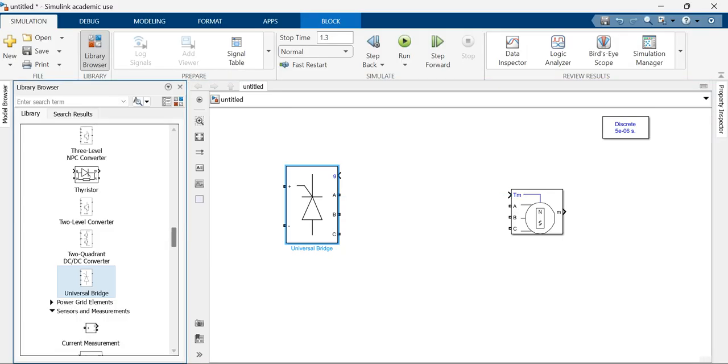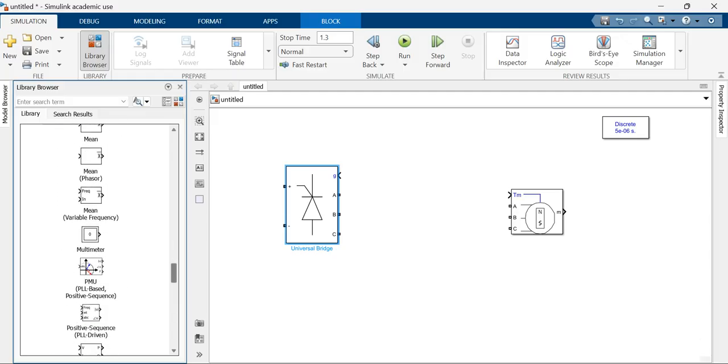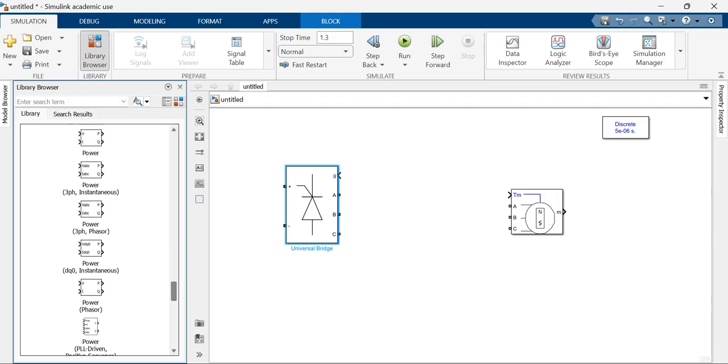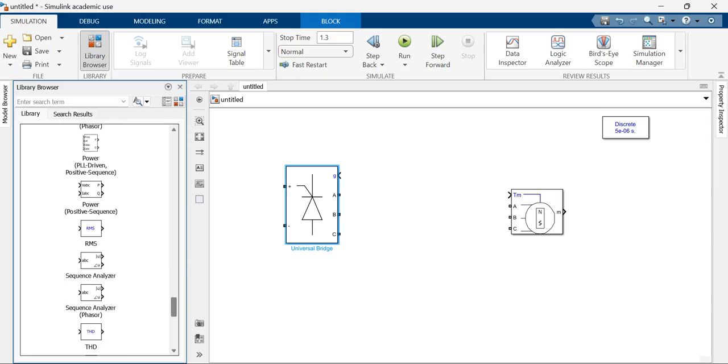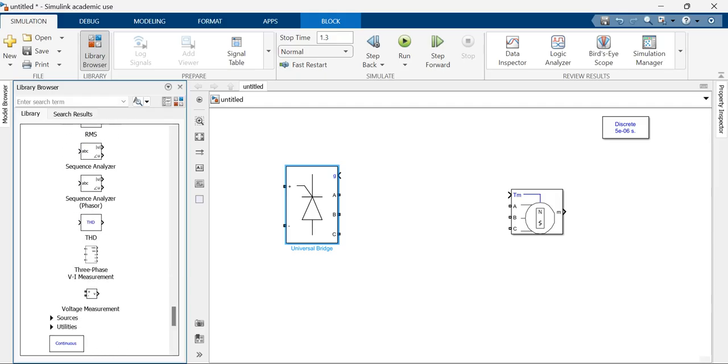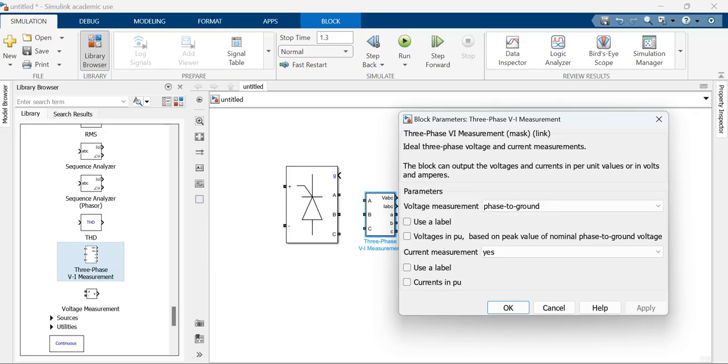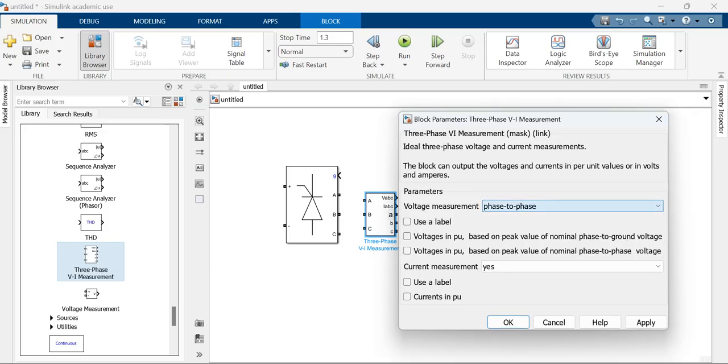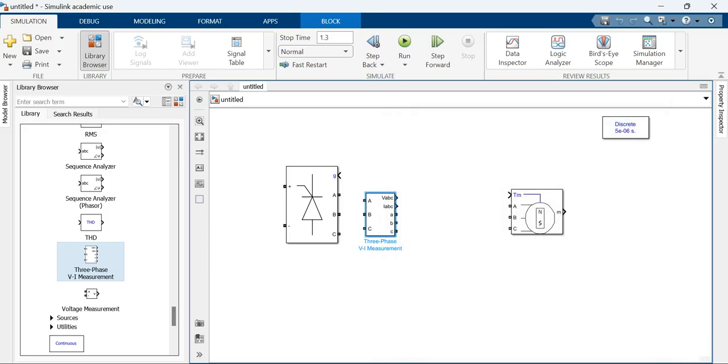Similarly, in the sensors and measurement, I have three-phase VI measurement. We just drag and drop this, double click, and you change that to phase, click apply and give OK. And I'm going to connect these two blocks like this.